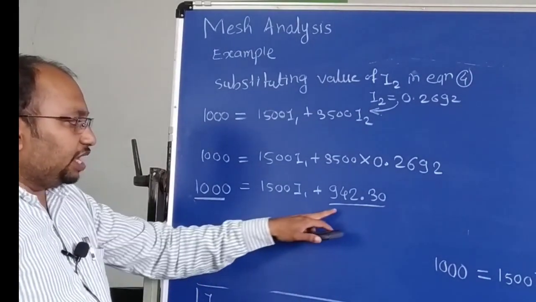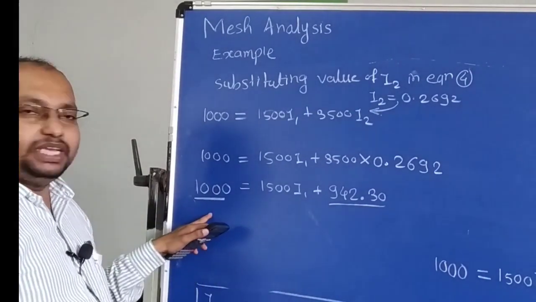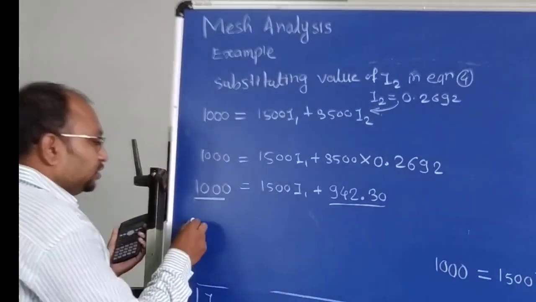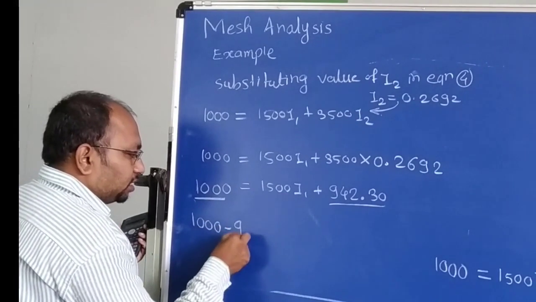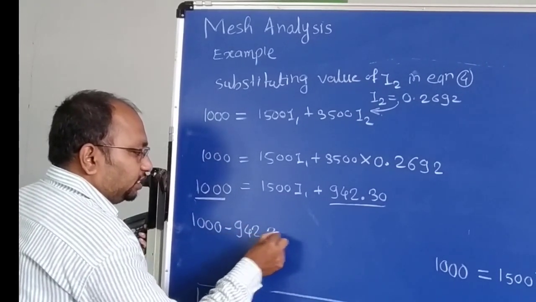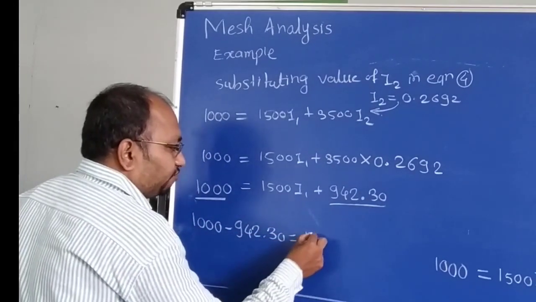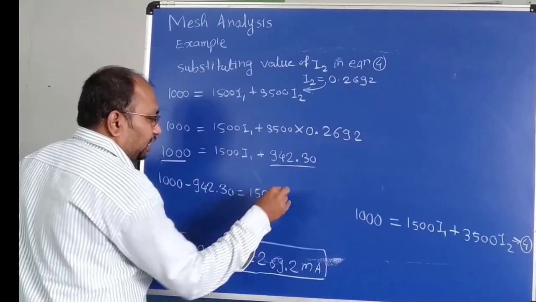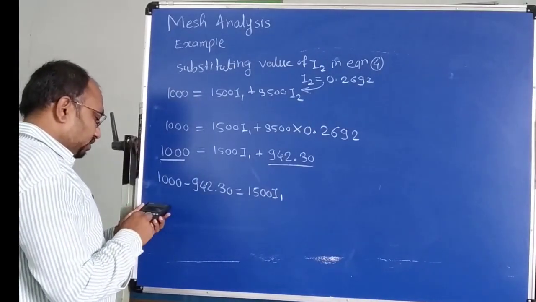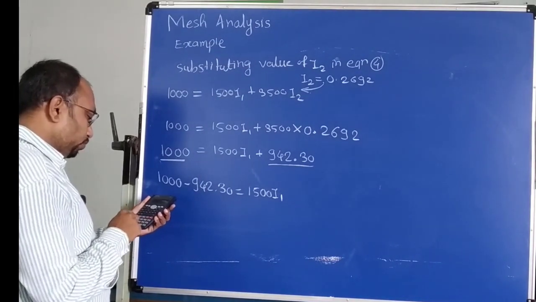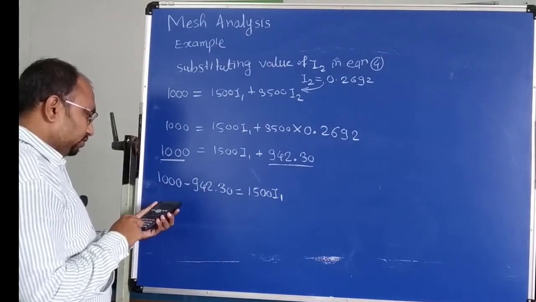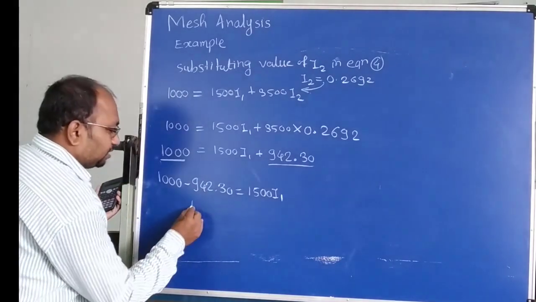Whenever we take this term to the left hand side, it will be subtracted from this equation. So 1000 minus 942.30 is equals to 1500 I1. Let us subtract this value from 1000. 1000 minus 942.3, so it is coming as 57.7.